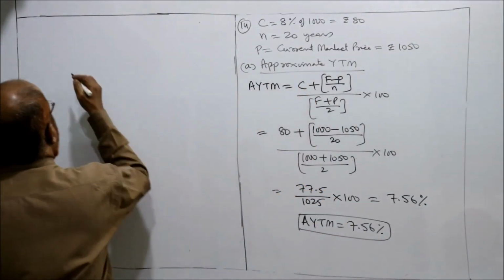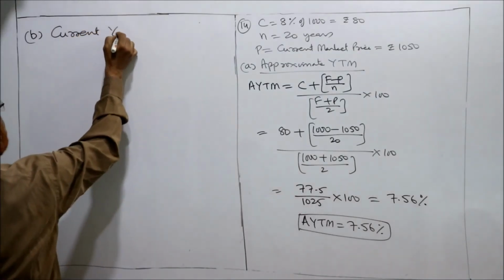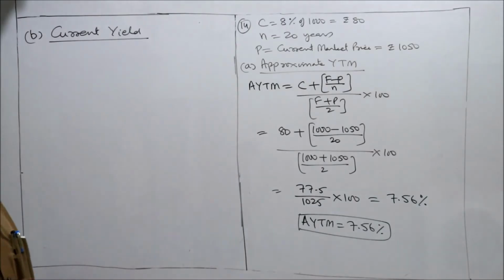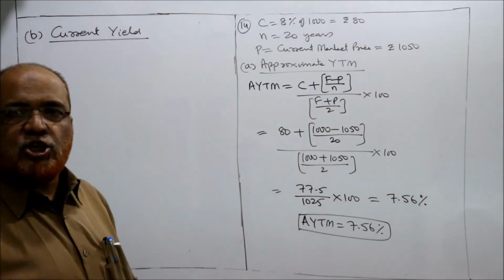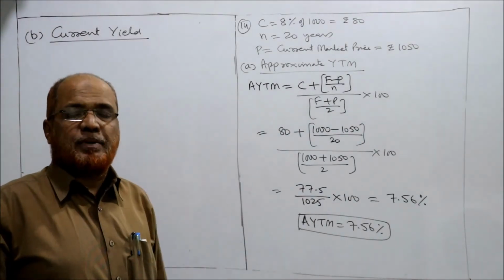Now, secondly, we calculate the current yield. Current yield is the ratio of coupon interest to market price.